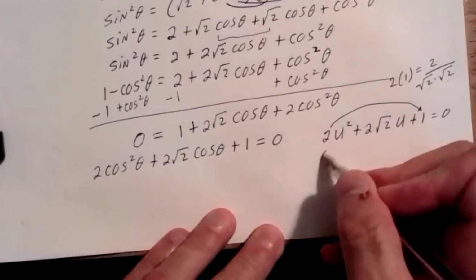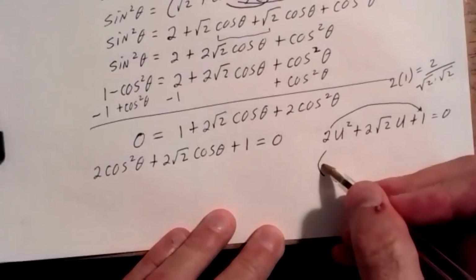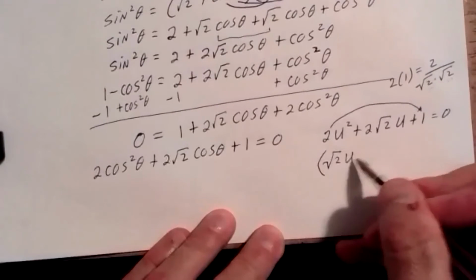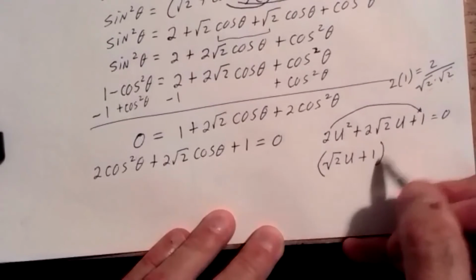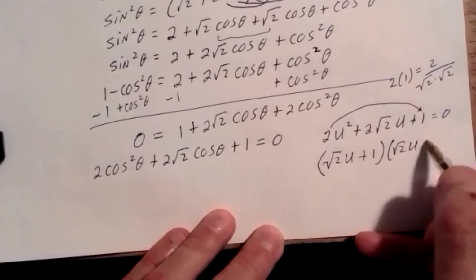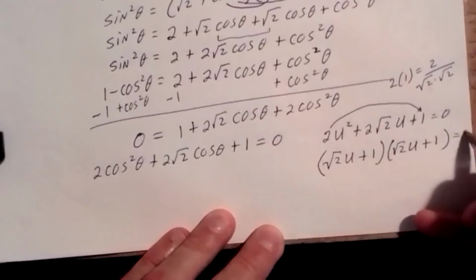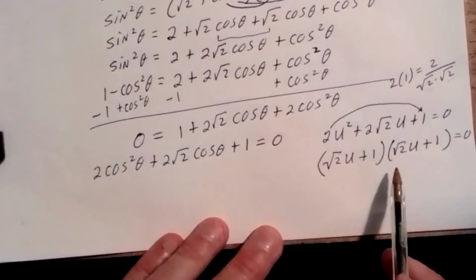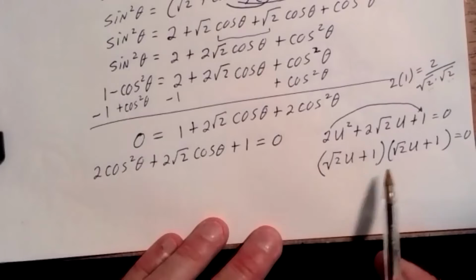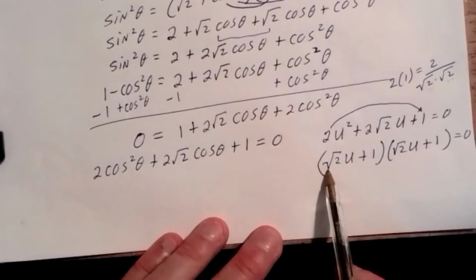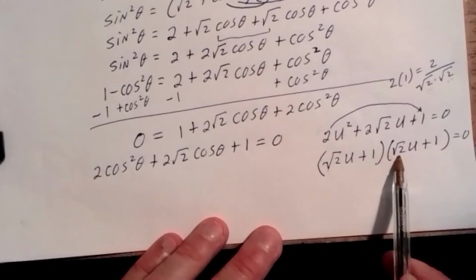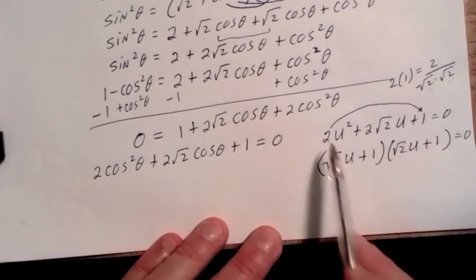You know how this is going to factor? It would factor into the square root of 2u plus 1 times the square root of 2u plus 1. That's completely factored. Let's try it out. Square root of 2 times the square root of 2 is the square root of 4, but the square root of 4 is just 2.